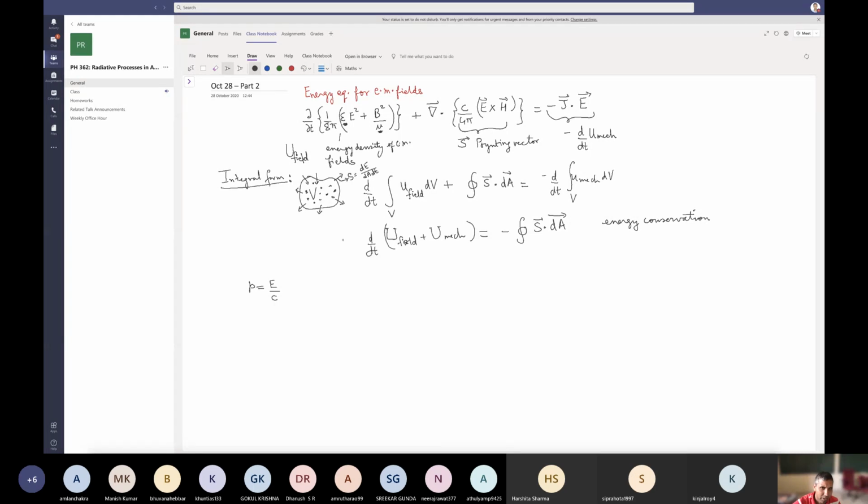All right. So if we divide S by C, what do we get? We get momentum crossing this area per unit area per unit time.